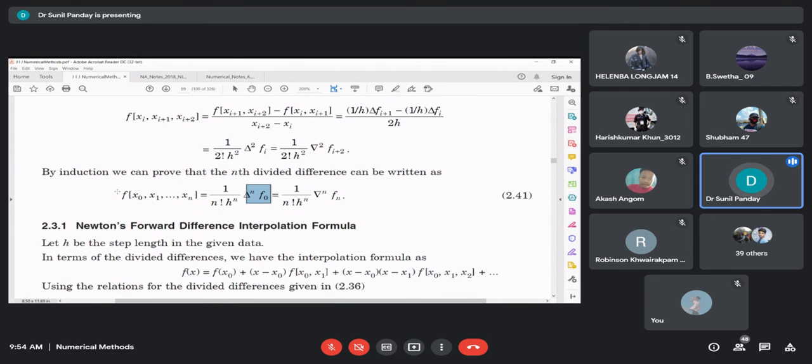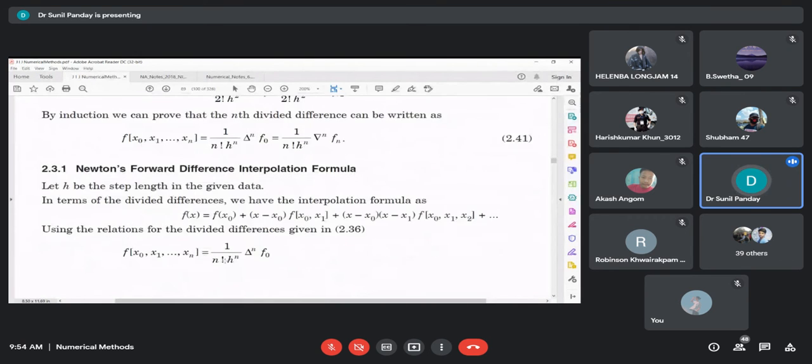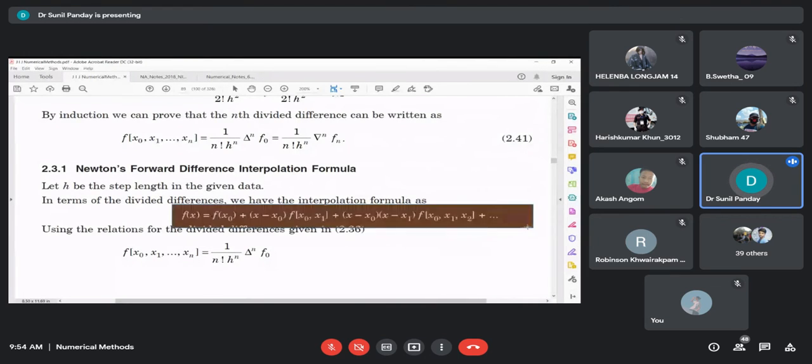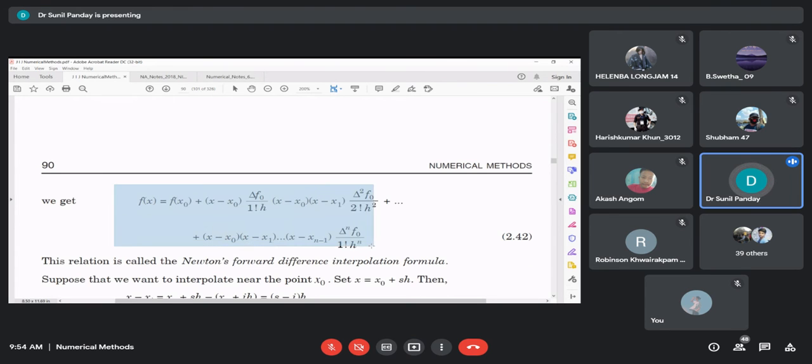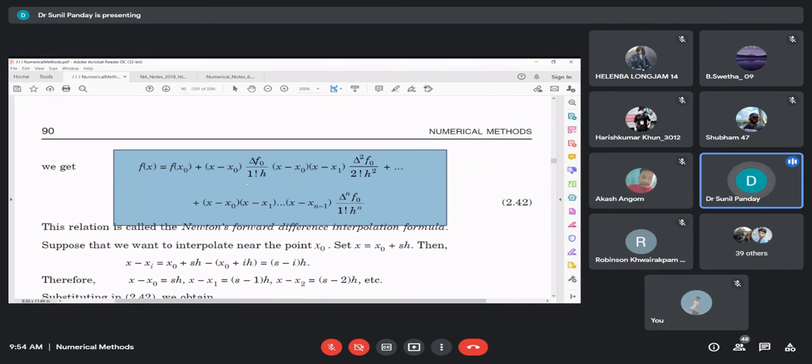I substitute all these values in the Newton divided difference interpolation formula, and I get f of x naught plus x minus x naught times delta of f of x naught divided by 1 factorial into h, plus x minus x naught, x minus x1 times delta 2 f of x naught upon 2 factorial into h square, and so on. This is called the Newton forward difference interpolation formula that we use for equally spaced data.